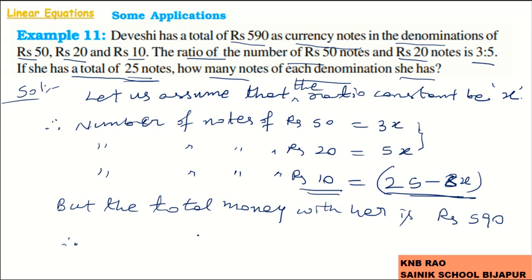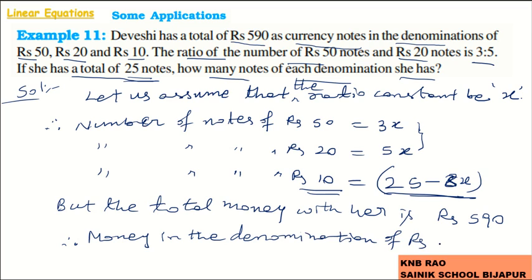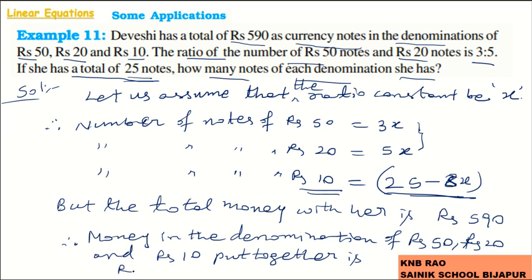Therefore, the money in the denomination of rupees 50 plus the money in the form of rupees 20, plus the money in the form of rupees 10, put together is rupees 590.